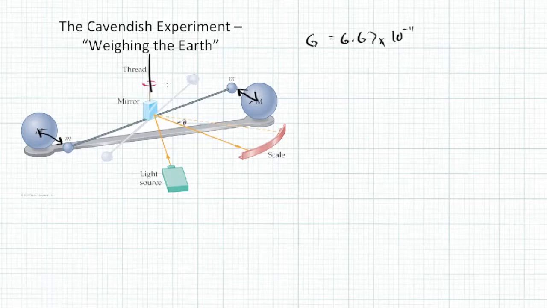That's a very simplified version of it, but it was done actually with an apparatus that you could house in a room. It was a fairly large apparatus, but it was called the Cavendish experiment.